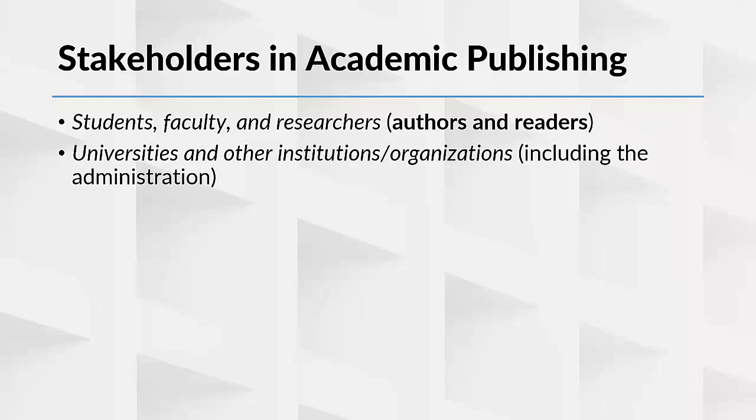You have universities or other institutions and organizations, including university administration. A lot of different pieces to that, a lot of parts working within that scholarly publication process, especially at the beginning of that life cycle, right? The creation of a project, a lot of people involved with that. Academic libraries. We have a big role to play.